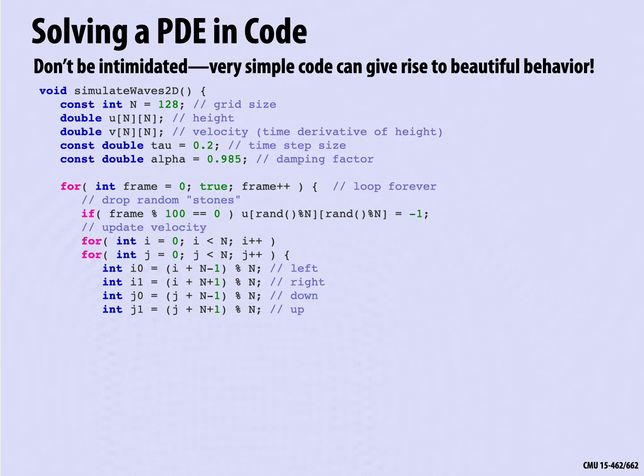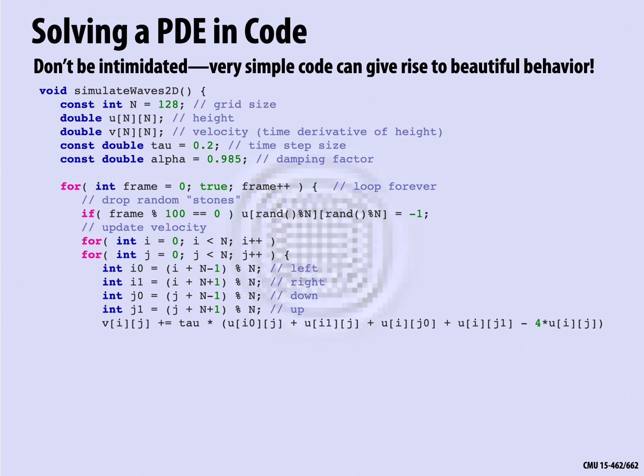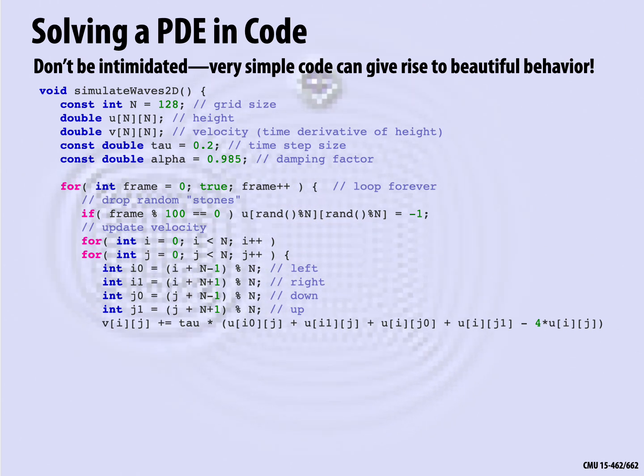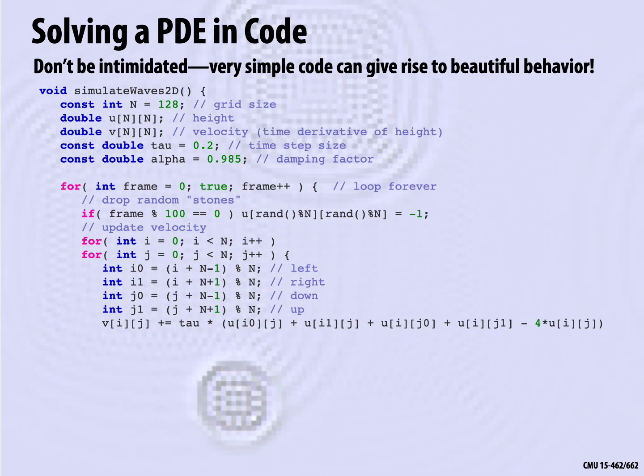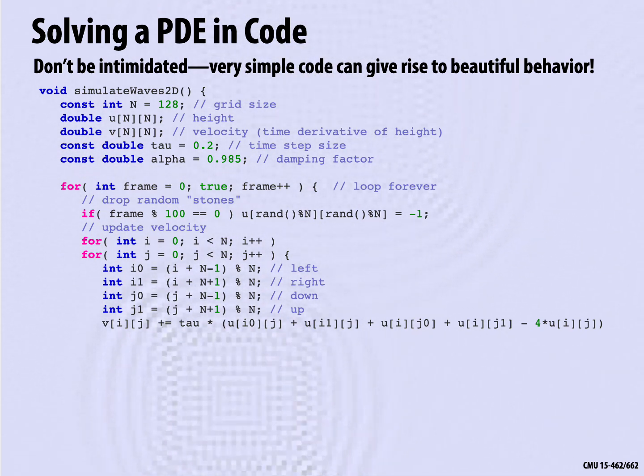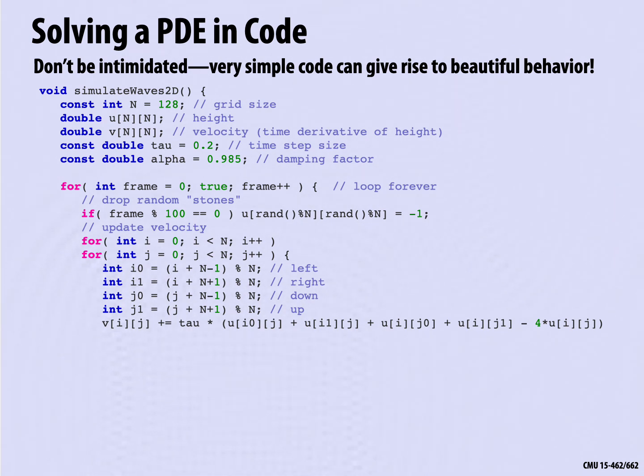This is the only complicated equation in this whole code. I'm going to add to my velocity the time step times some function. Okay, and what is this function doing? Basically, it's measuring the deviation of the height at the current point from the average height of the neighboring points.